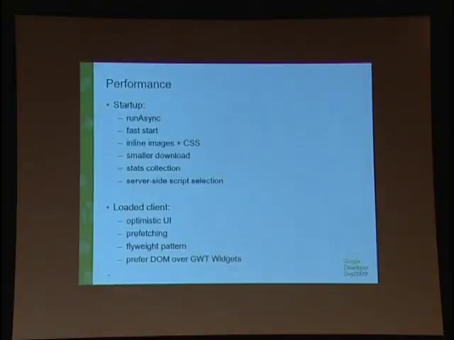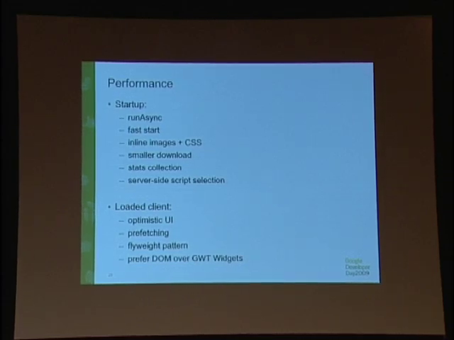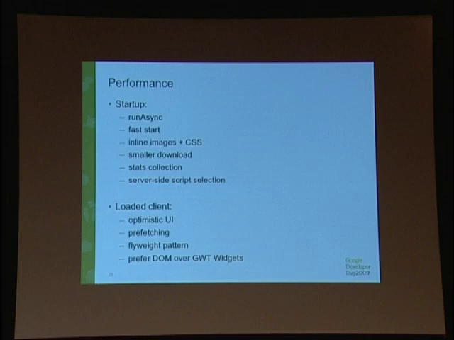And the last two things that we've focused on for improving performance are that we've got a lot of value from using the flyweight pattern and pooling widgets. Many of you might have found this yourself, but reusing DOM versus creating more DOM is significantly and measurably faster.